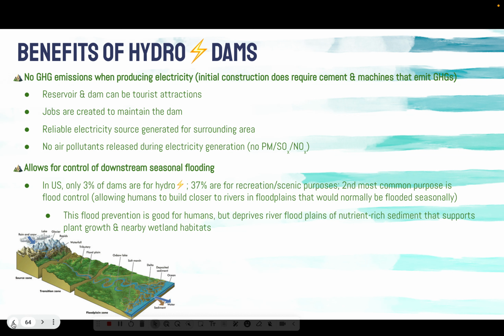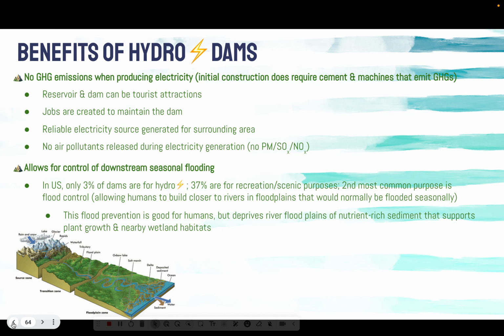It also allows for the control of downstream seasonal flooding when they create dams. They've used this a lot in Europe to reduce the amount of flooding. They can control the amount of water that's moving in the stream or the river itself. So that's a benefit. In the US, only about 3% of our dams, however, are used for hydroelectricity generation.